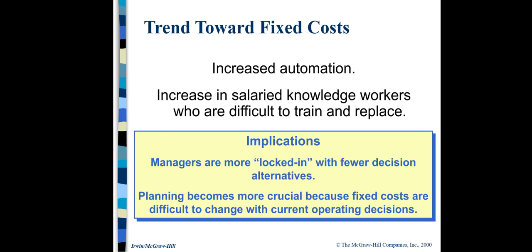Okay, next. The trend towards fixed costs. Trend towards itu artinya kecenderungan perusahaan memilih fixed cost lebih besar daripada variable cost. So the trend in many industries is toward greater fixed cost relative to variable cost. Jadi saat ini kebanyakan perusahaan lebih condong memilih fixed cost yang lebih besar daripada variable cost.